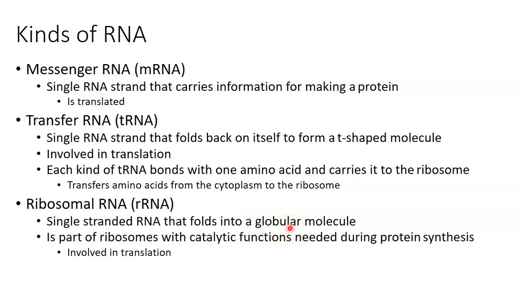So it has a very particular three-dimensional shape, and it's part of the ribosome. And it has enzymatic or catalytic functions that are required during protein synthesis. It's involved in catalyzing the reaction where one amino acid gets attached to the growing polypeptide chain. So it's very involved in the translation process.